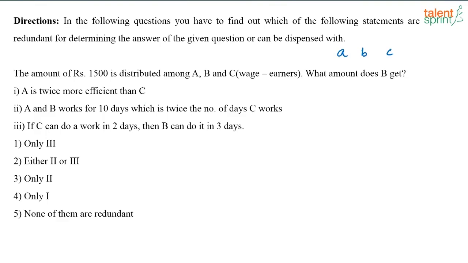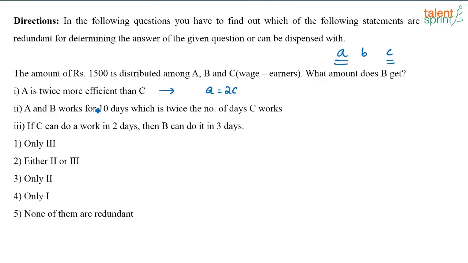A is twice more efficient than C. So A will do twice as much as C in one day, correct? If C does C units, A in the same day will do 2C, because A is twice as efficient as C.